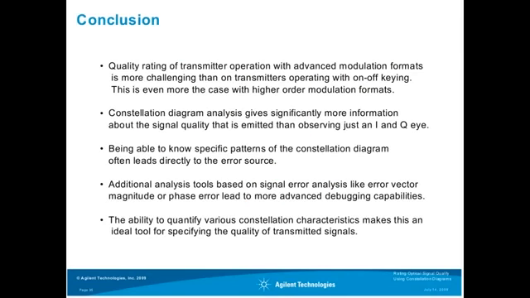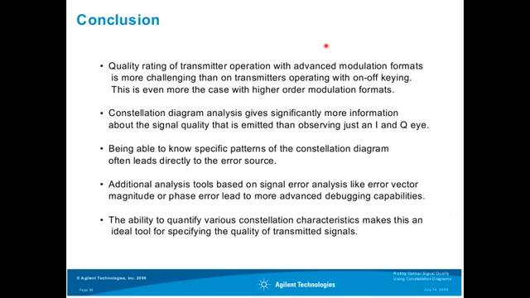So now I have shown you an overview of the major impairments that could arise when designing a transmitter or, for example, during manufacturing. And I would like to make a conclusion about what we have learned from these examples that I have shown you, which were measured with this new instrument.